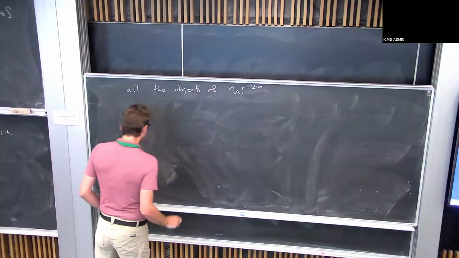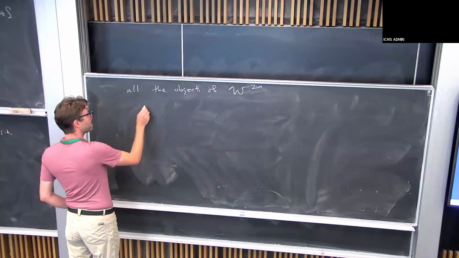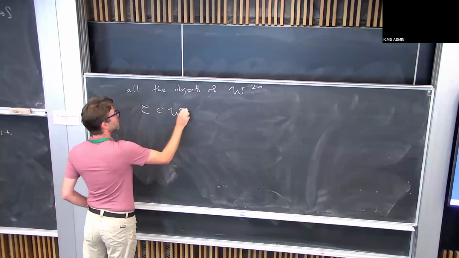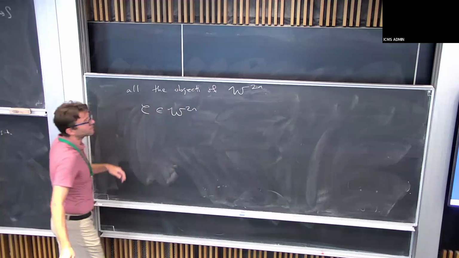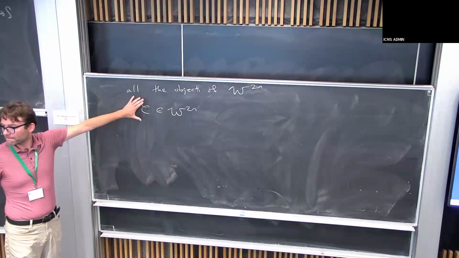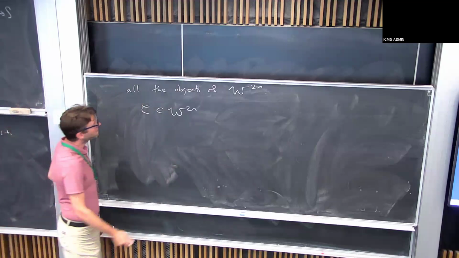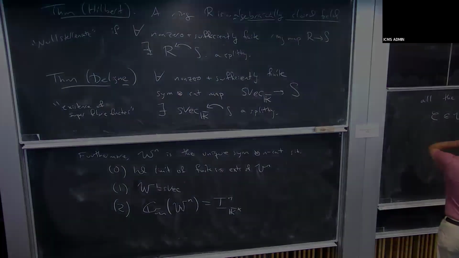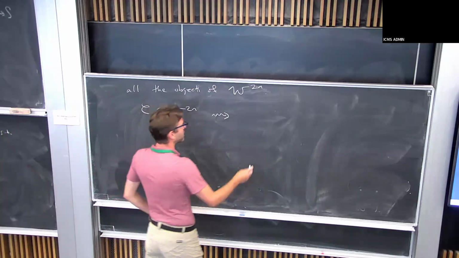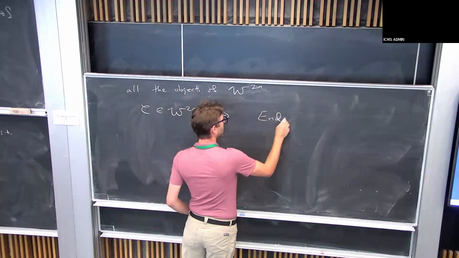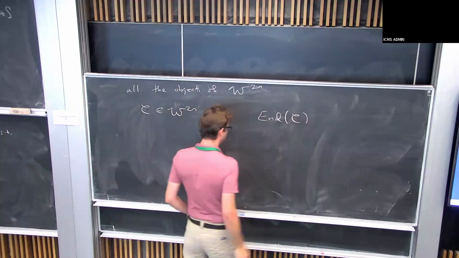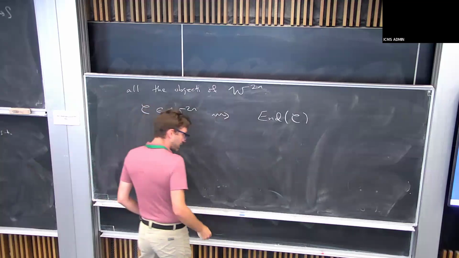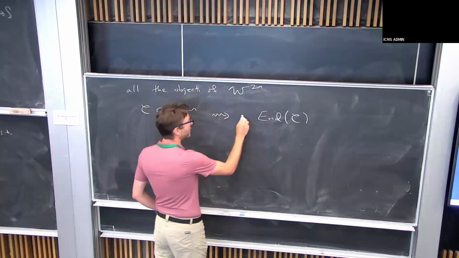So given an object in W_2n, this is some type of (2n-1)-category. What I can do is look at the endomorphisms of that category, and then the endomorphisms of the identity functor of that.